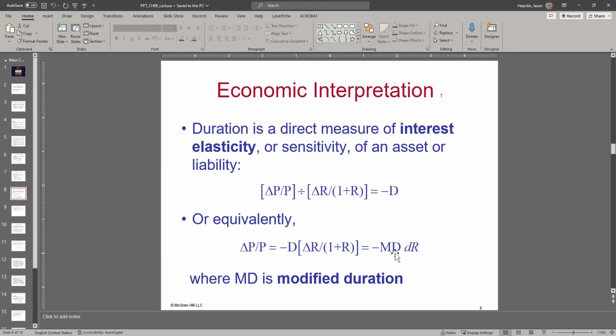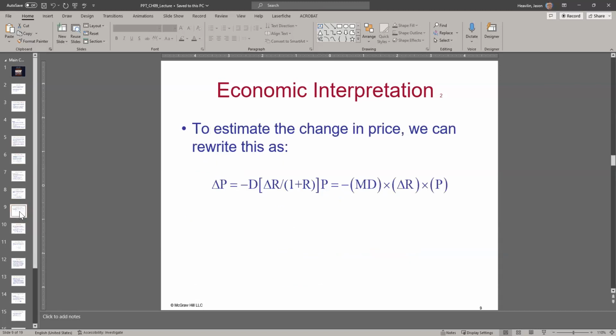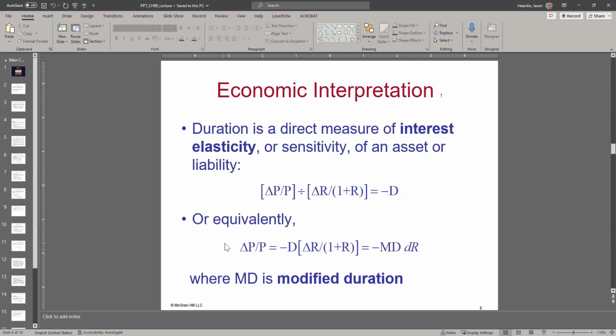The modified duration, which is also discussed in the other video on the Excel sheet, is a similar approach. You put a negative in front of it, but then you use just the rate here, a little simpler. So if you just do a little algebra, let's move from this to the next slide.